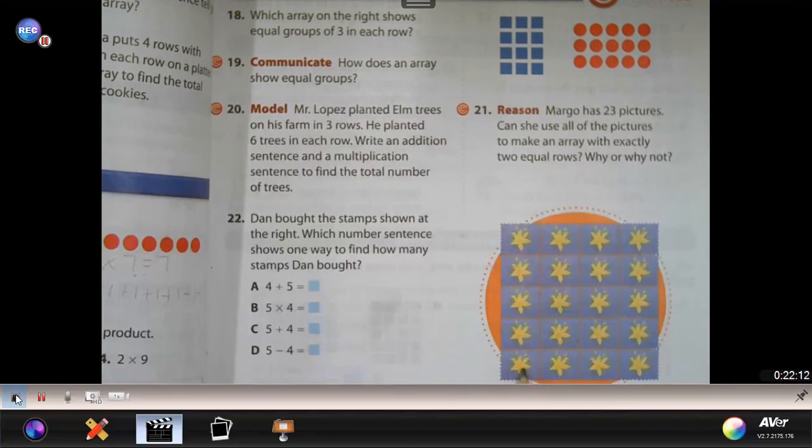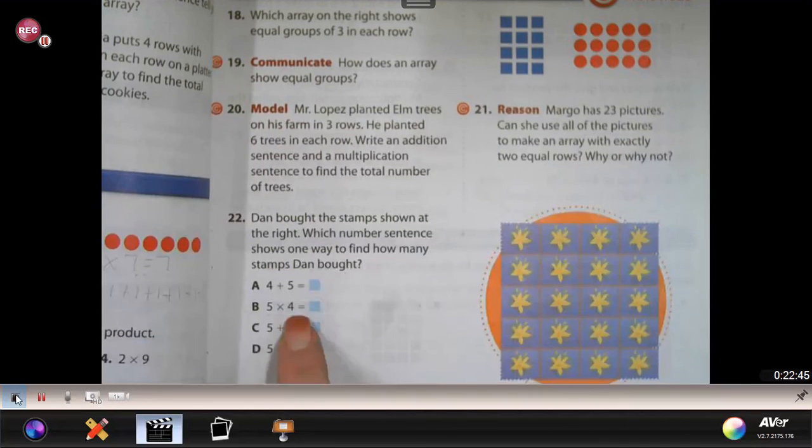Well, again, we have 4 in each row. So when we look at rows and the same number in each row, we know we are dealing with multiplication. So here in our multiplication sentence, we have 5, which tells us our rows, and 4 that tells us how many are going to be in each row. So our best choice for this equation, or for the equation for this array, is going to be 5 rows of 4, 5 times 4.